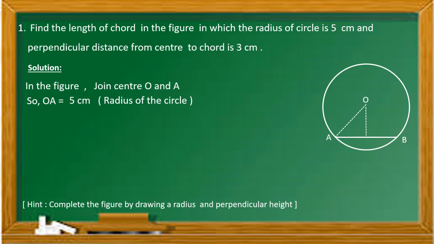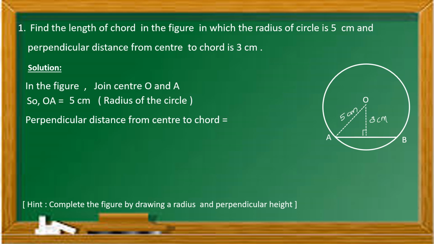Yes. Joining or drawing a perpendicular distance from O to AB as in the figure. And it is given that the perpendicular distance from center to chord is, yes, 3 cm. So, this length is 5 cm and this is 3 cm and this is a perpendicular distance.